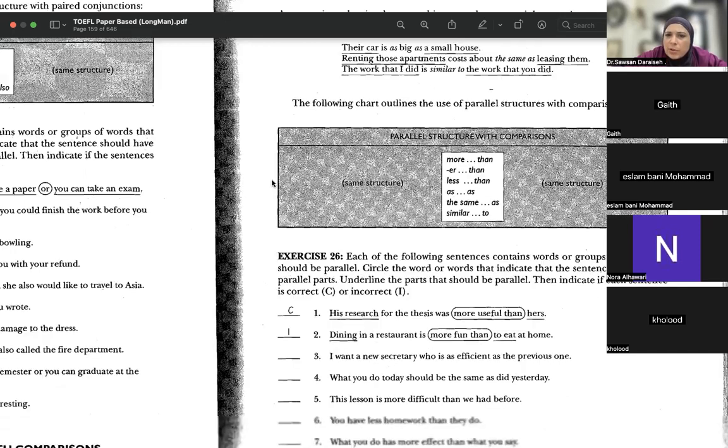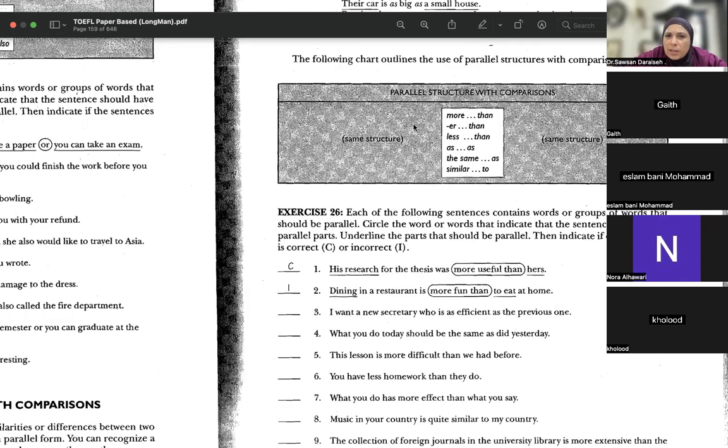So anyway, here is a summary of the parallel structure with comparisons. We can sometimes use all this. We talked about this: more than, larger than, more beautiful than, less important than.